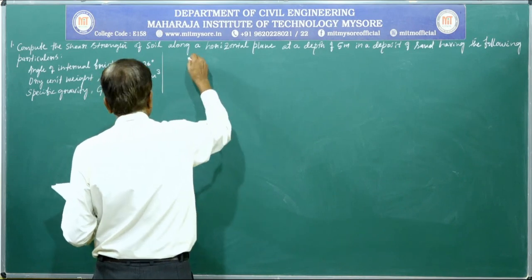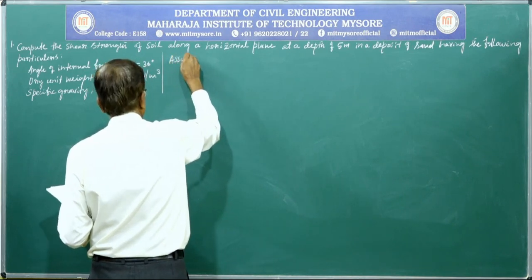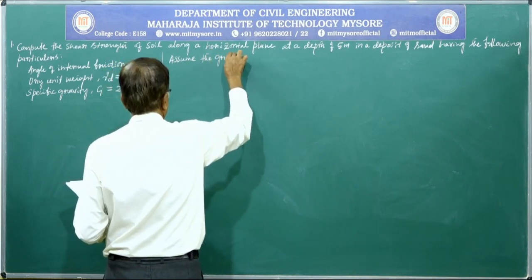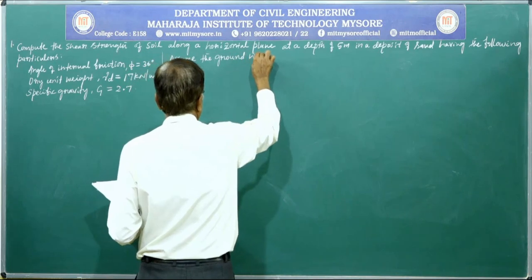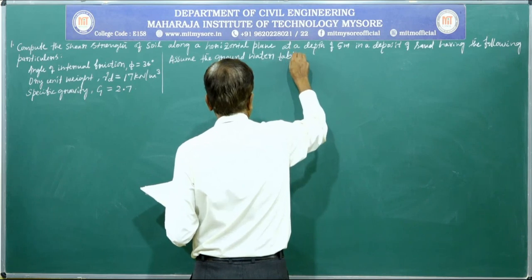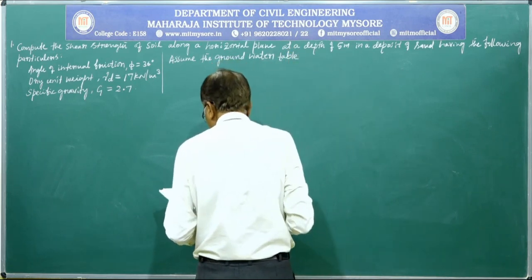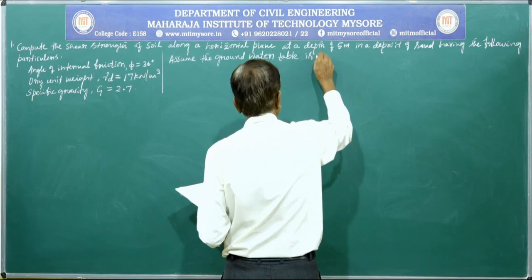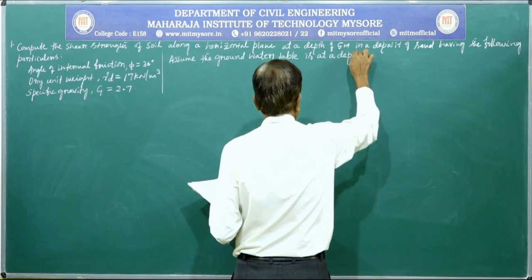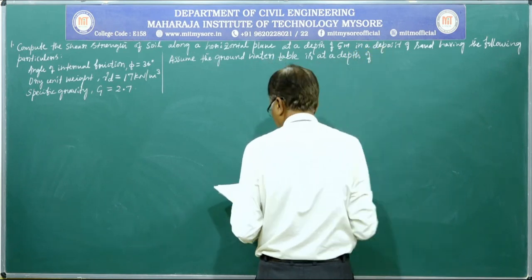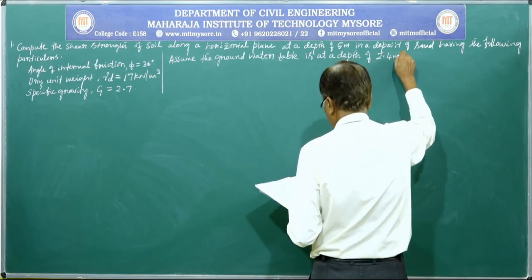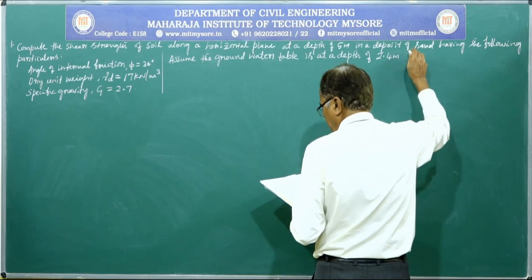Assume the groundwater table is at depth of 2.4 meter from the ground level.